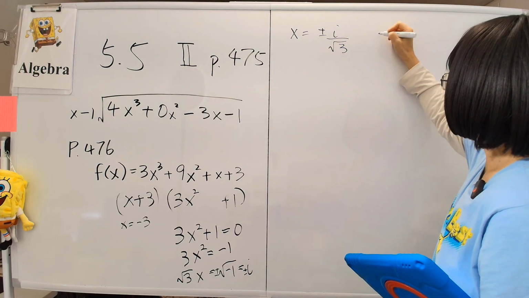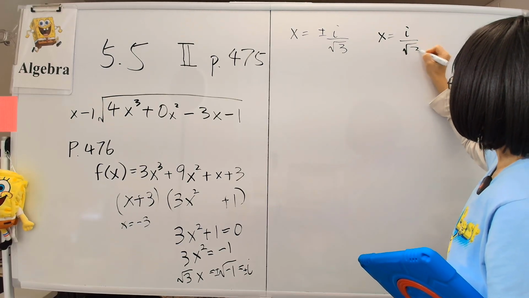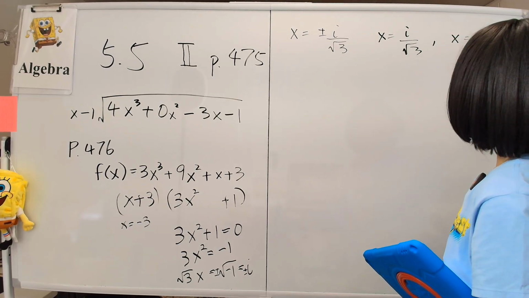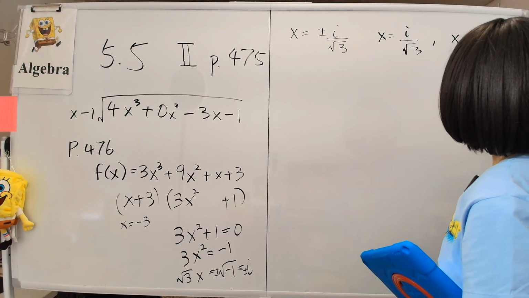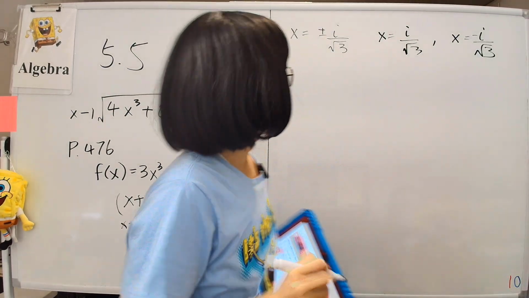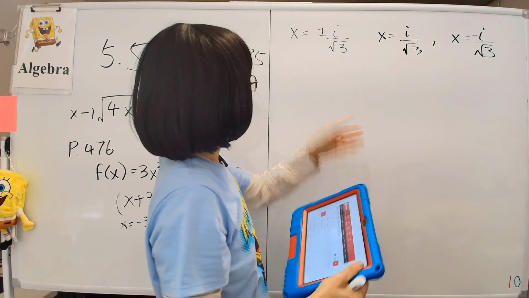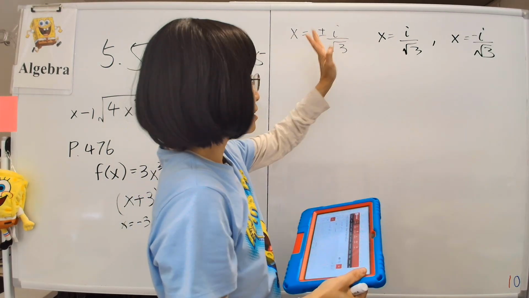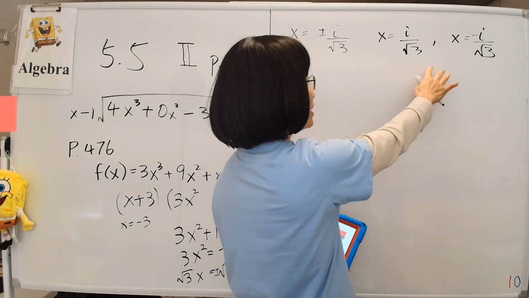What this actually means is x equals i over square root of 3, and x equals minus i over square root of 3, like that. So this means this. Most of the time, I like to just write it this way because I'm lazy and don't want to write any more than I have to. But otherwise, it has no more meaning than this.